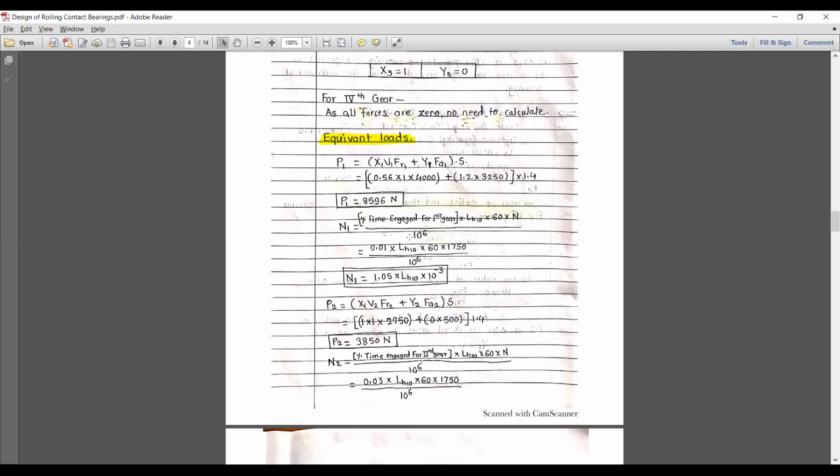The engagement time tells us which loads are actually acting on the bearings, and for how long the bearing is under those loads. Whenever we calculate all these equivalent values, whichever is the maximum, based on that we will decide, or if you don't have a bearing number, based on that value you can find the actual bearing. Okay, and further on we are going to find out its equivalent too. Equivalent means the cubic average value based on all the values.